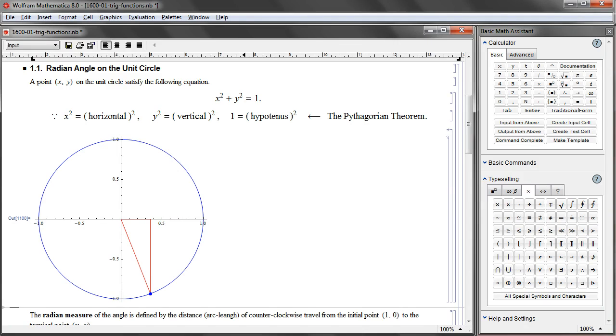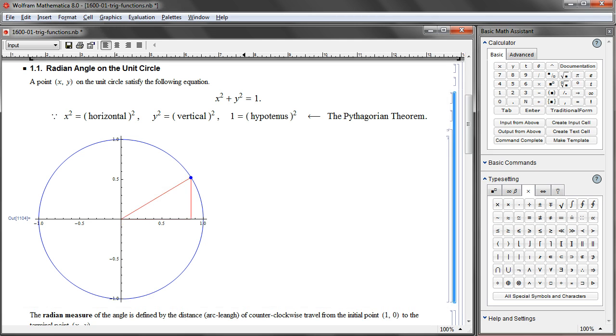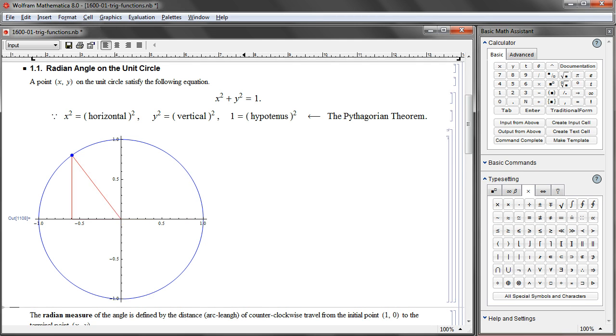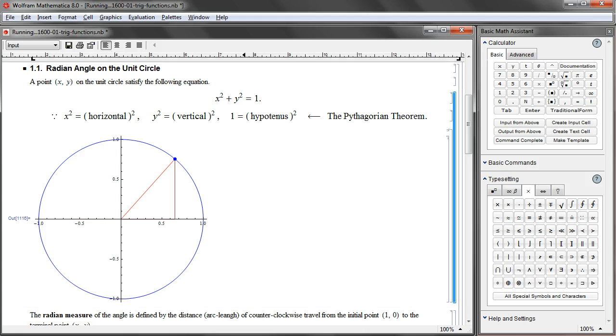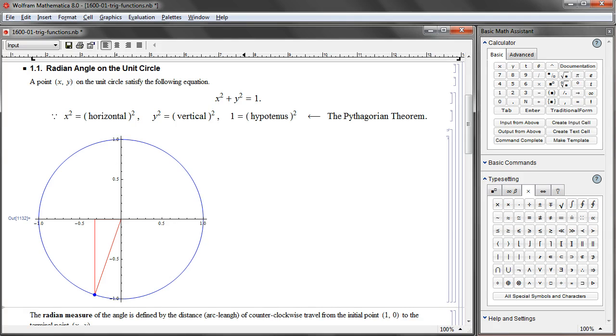Let's run this program again. In this particular case, x is positive, y is negative. That's because we have the point on the fourth quadrant. And how about this one? X is negative and y is positive. That's because we have the second quadrant here. And in a third quadrant, x and y will be both negative if we get something in the third quadrant. Okay, we have it here.